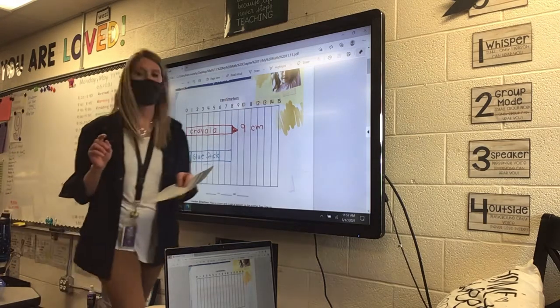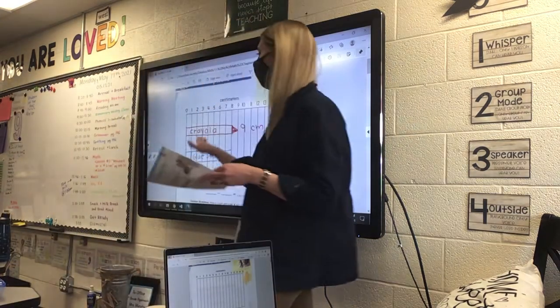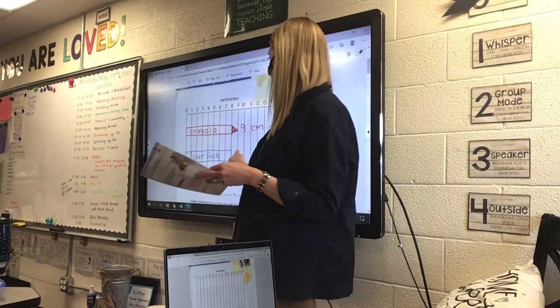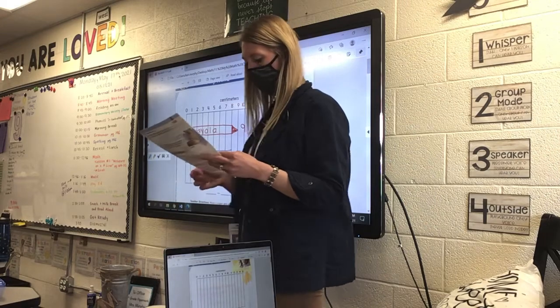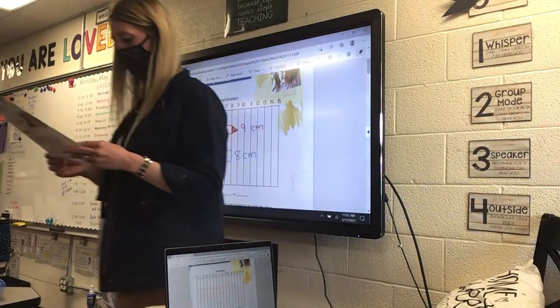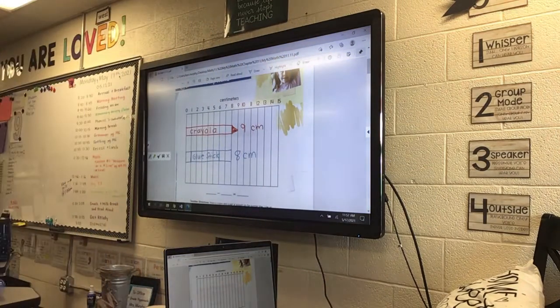Okay, now, once you have your glue stick drawn out, behind it, let's put 8 centimeters. 8 centimeters. See? And 9.